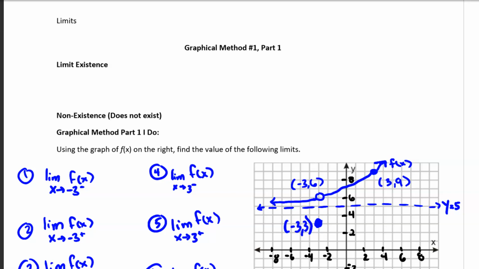All right, so we've got two parts for this graphical method of finding a limit. The reason that we're doing that is because it's really such an important topic, and it's really important for us to understand the intuition of a limit.